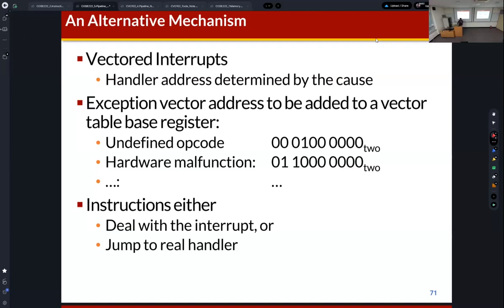Based on those I/O commands, the hardware also loads some vector information and calls the appropriate interrupt handler. But as I mentioned, exceptions and interrupts are very similar because those are rare events.